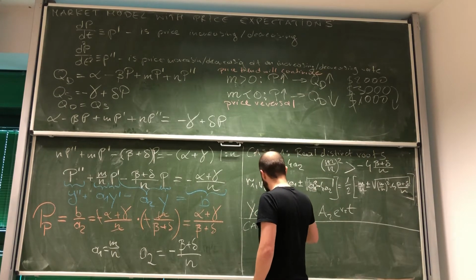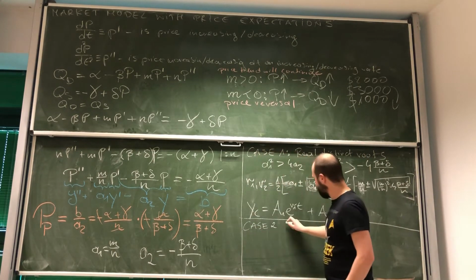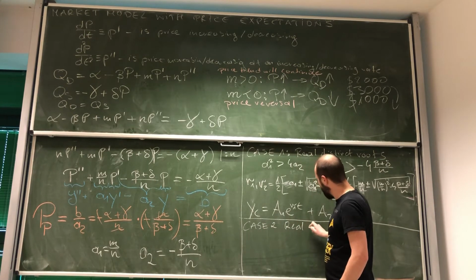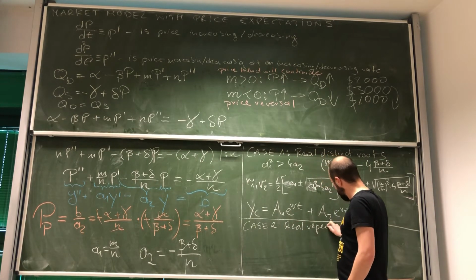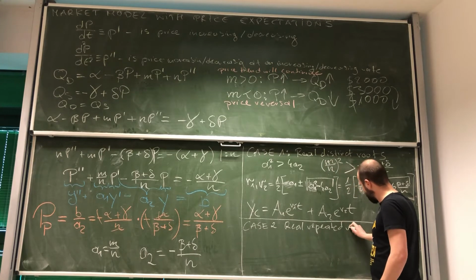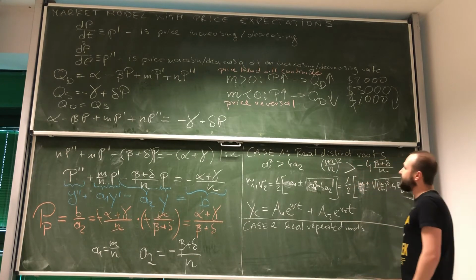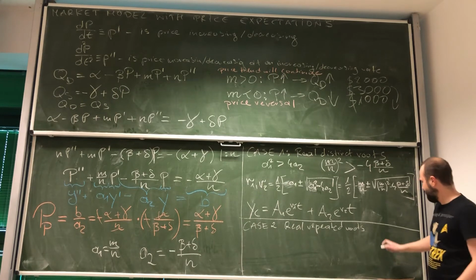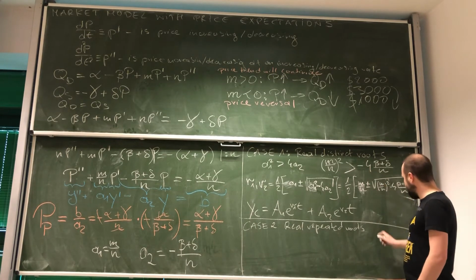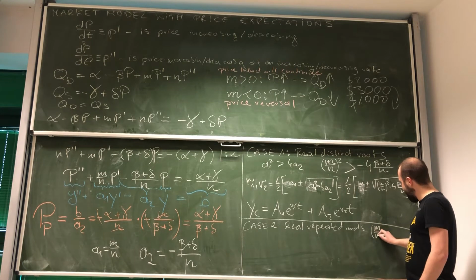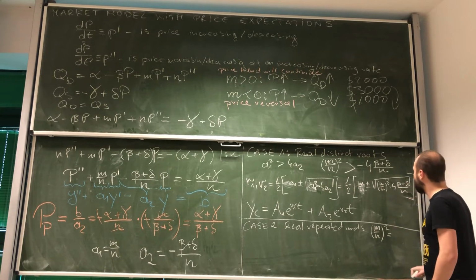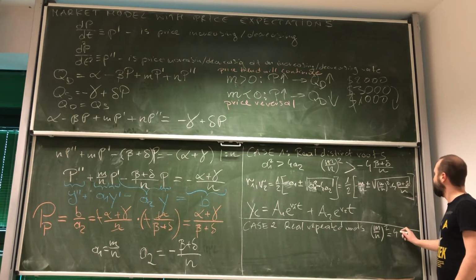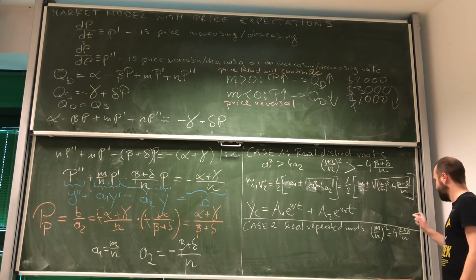Case number 2 is, of course, real repeated roots. This is the case when a1 square is equal to 4a2, or in our case, m over n squared is equal to 4 times beta plus gamma over n.